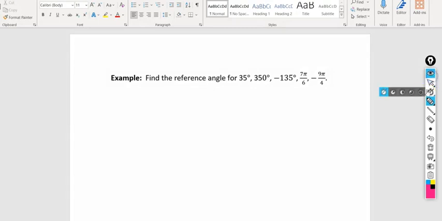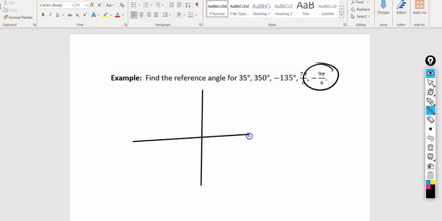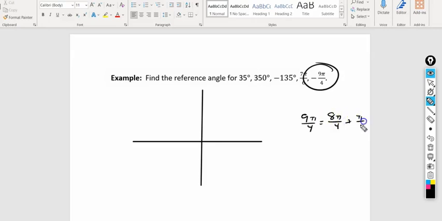Let's see what that's going to look like. First of all, let's ignore the negative sign. I'm going to choose to rewrite that as 8 pi over 4 plus pi over 4, and 8 pi over 4 reduces to 2 pi. So 9 pi over 4 is going to be a full rotation, and then you go a further pi over 4.